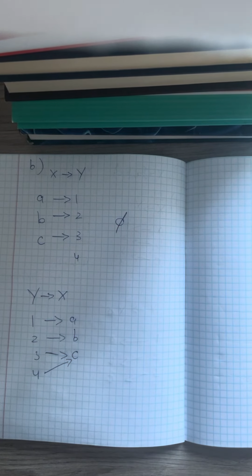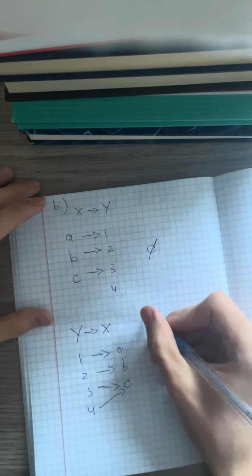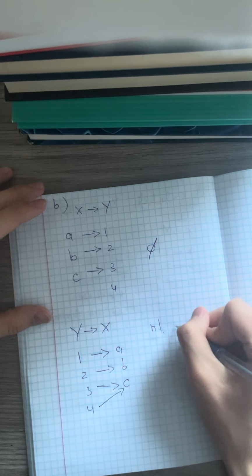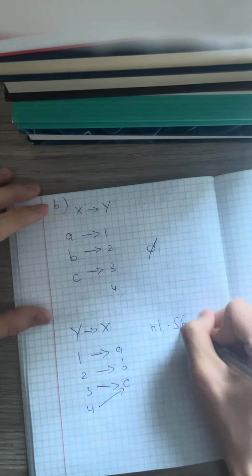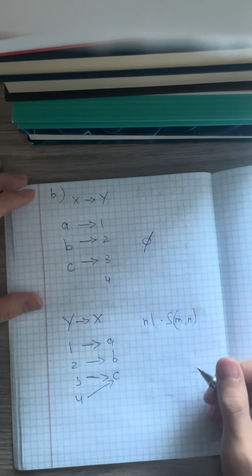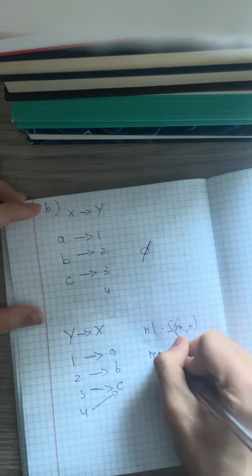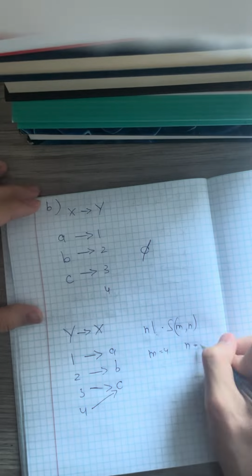Four belongs to c, and here the function is onto. And to find how many onto functions we can get from this, we will use the formula, where m is 4, n is 3.